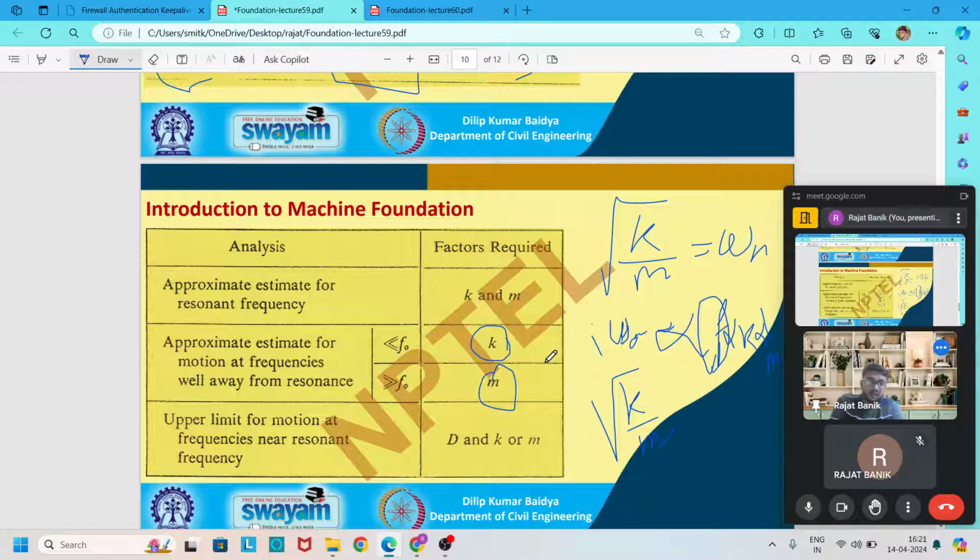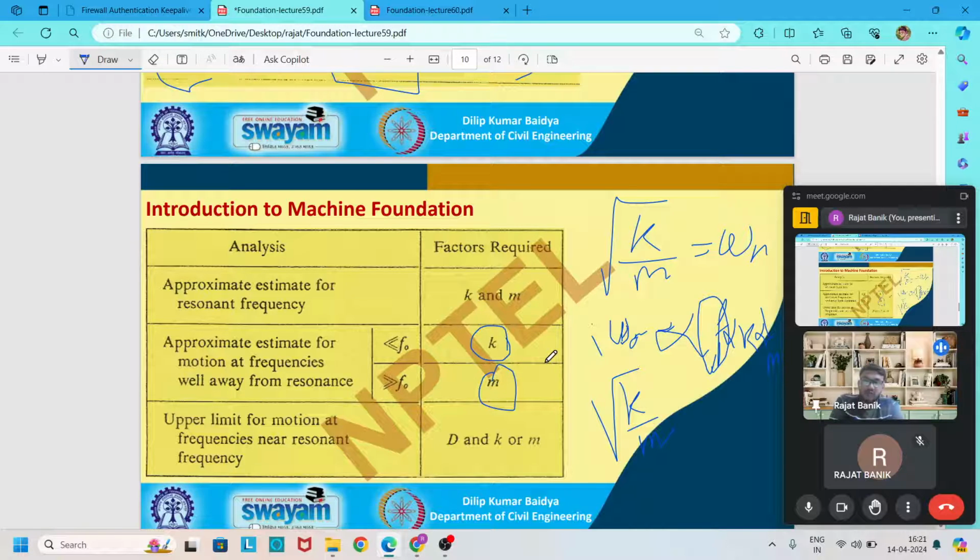That's why then only the oscillation happens. If our frequency is very high, we need the system to be stable, and then we should increase the mass of the foundation.